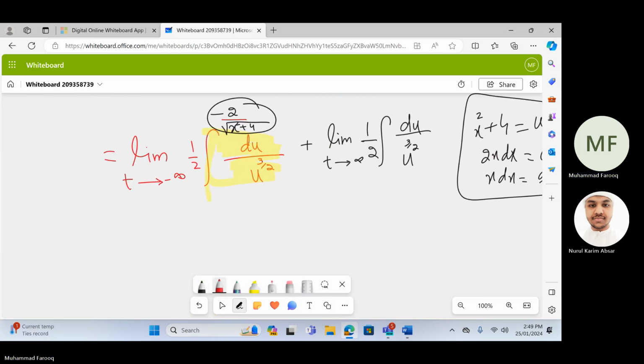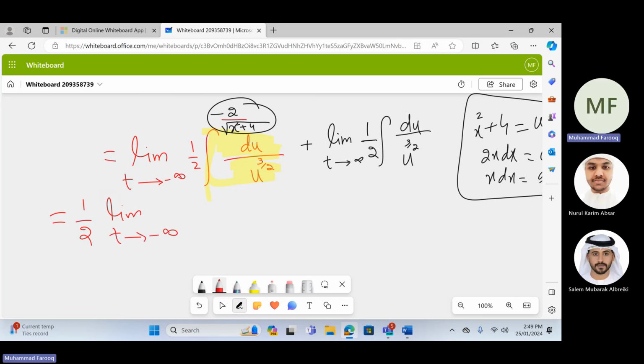So now, the 1 by 2, if you want, you can take outside. Limit t approaches negative infinity. I have the answer with a negative sign, okay? Because in my answer I have minus 2, so it is cancelled out.